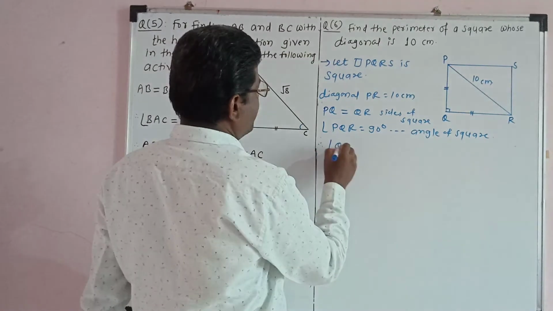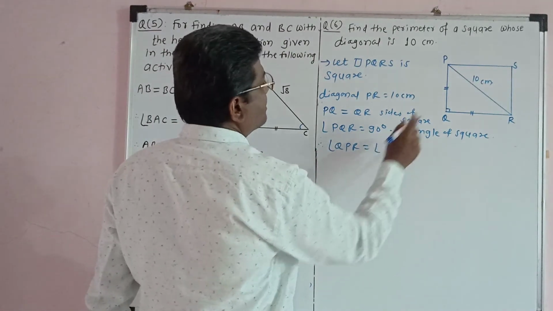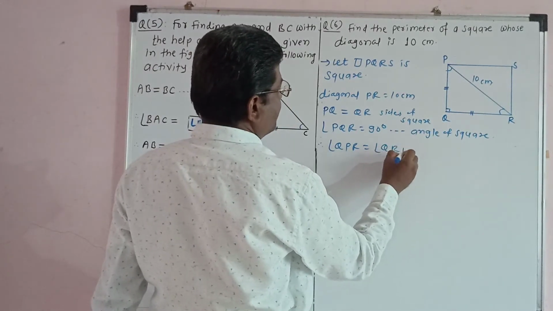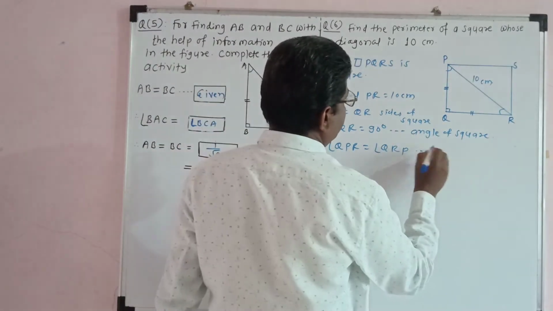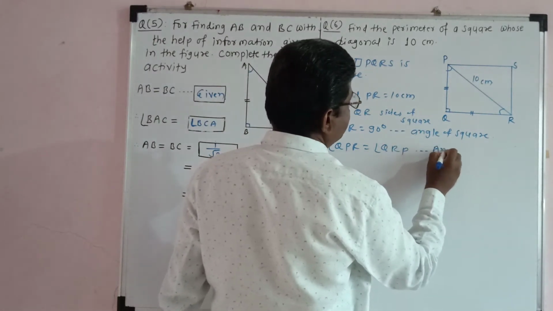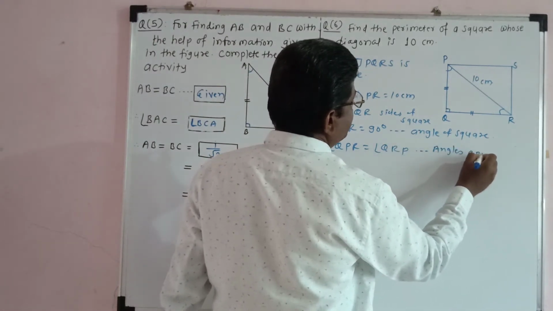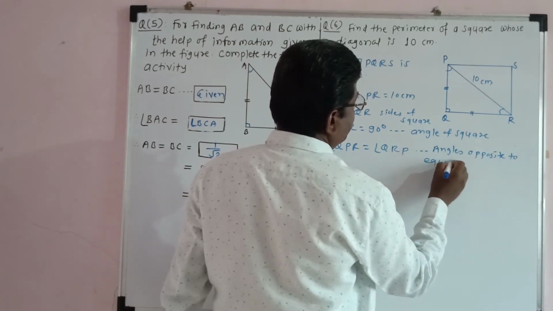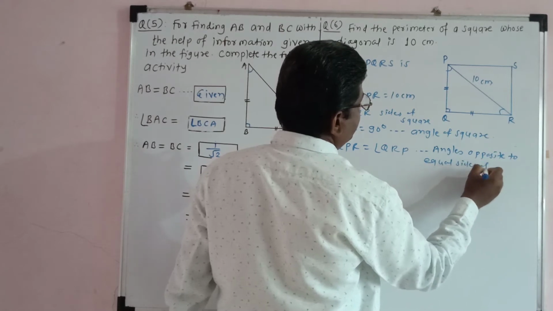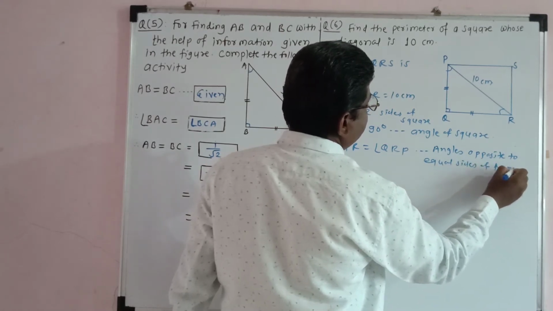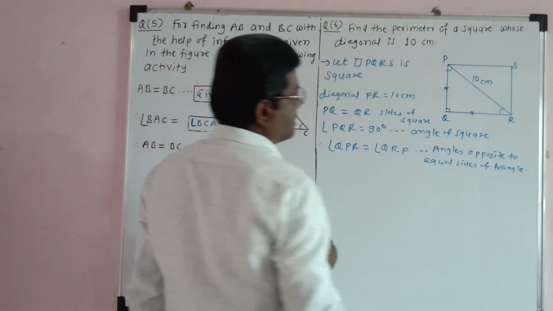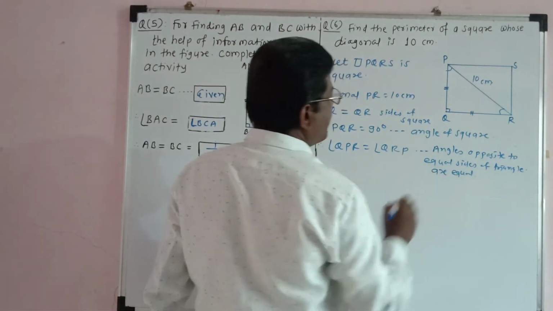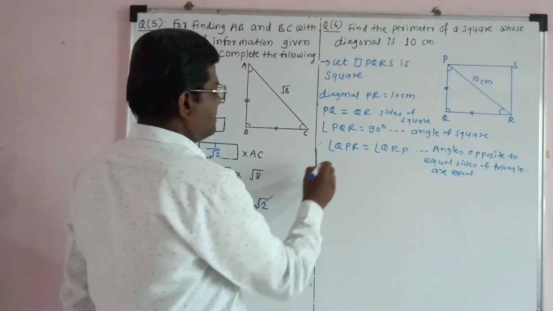Therefore, angle QPR and angle QRP are equal. Angles opposite to equal sides of a triangle are equal. This is the isosceles triangle property.